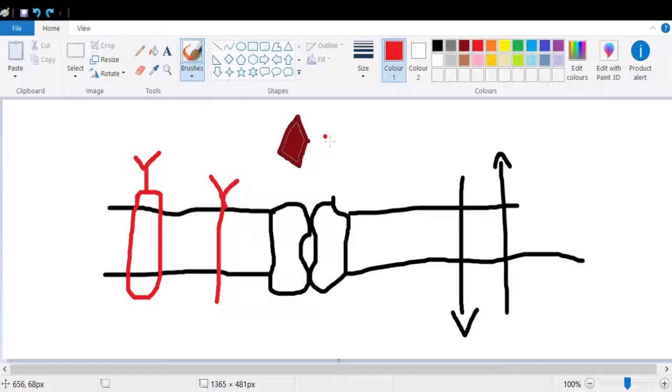This one is a receptor, and this is a ligand, and this is the lipid bilayer. So the association of molecules with the lipid bilayer happens like this.